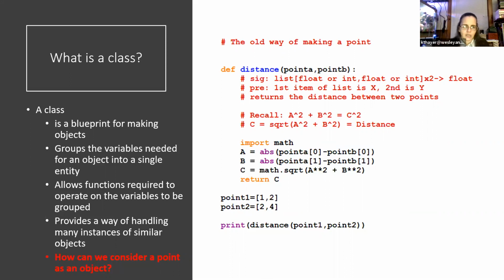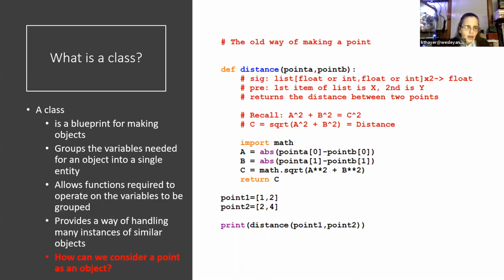So we always need to get that information. It allows functions required to operate on the variables to be grouped. We haven't seen how to do functions yet, but shortly we're going to do the distance function, which is right on the other side of this slide. And it provides a way of handling many similar instances, of similar objects.